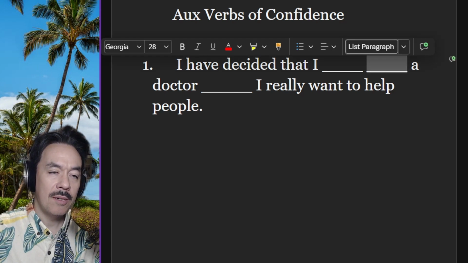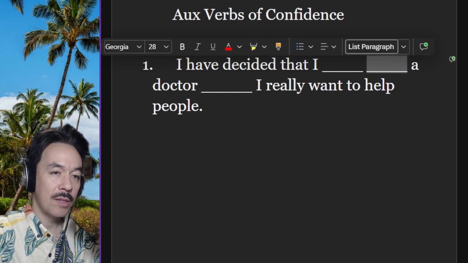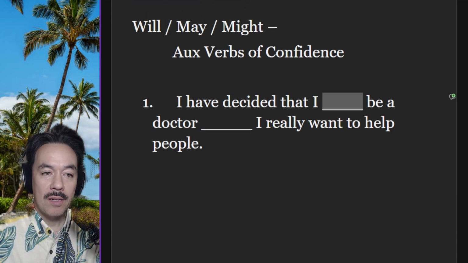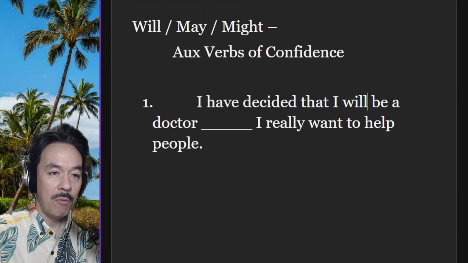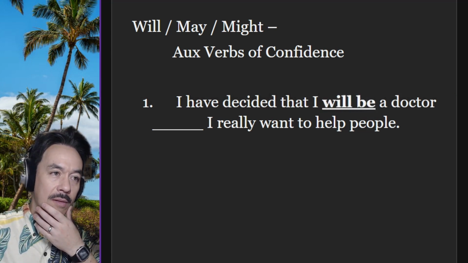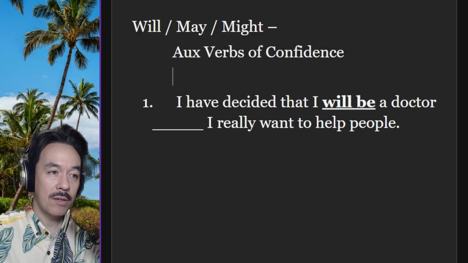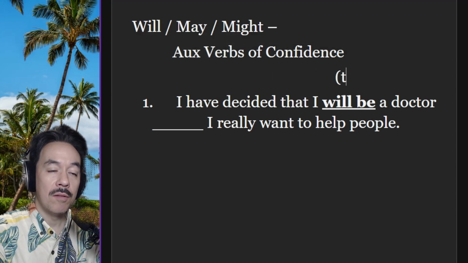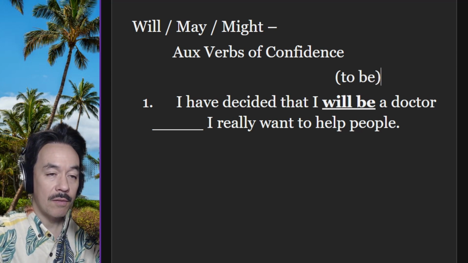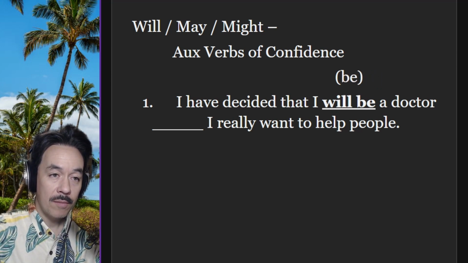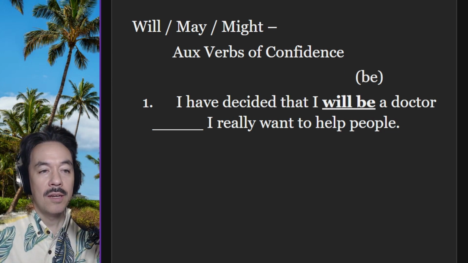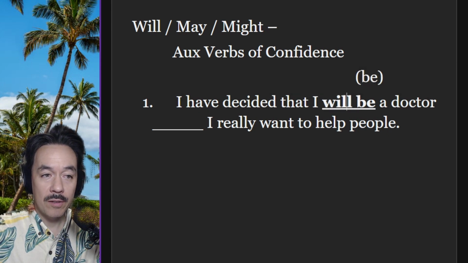I think for me, the best verb is probably be, right? Blah blah be. And here you could say I will be a doctor. And remember that these auxiliary verbs, the way they work is you take the infinitive of the verb, cut the to, so this becomes the base version, where the to is cut off, and then you attach the will, right?